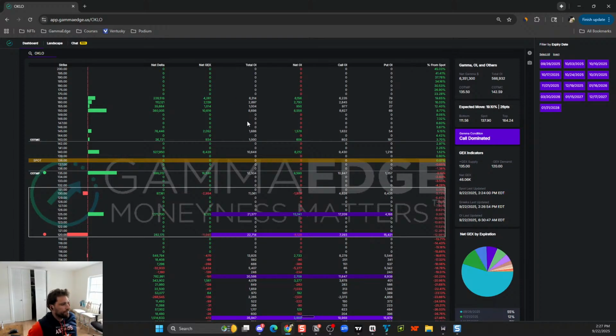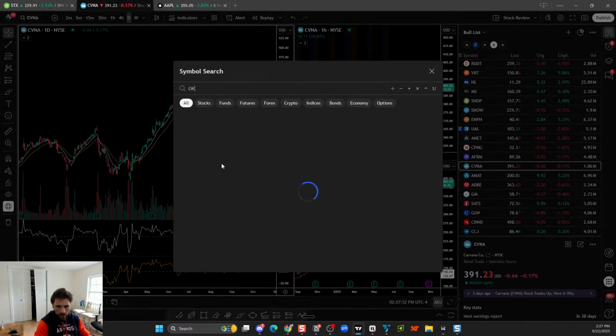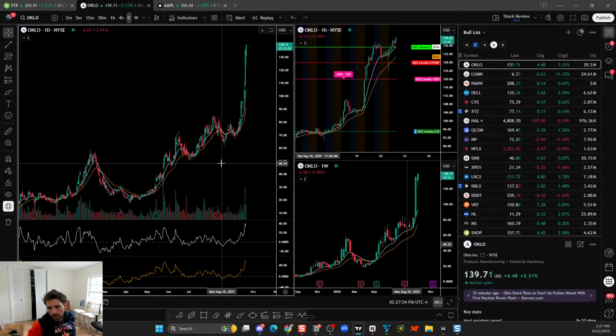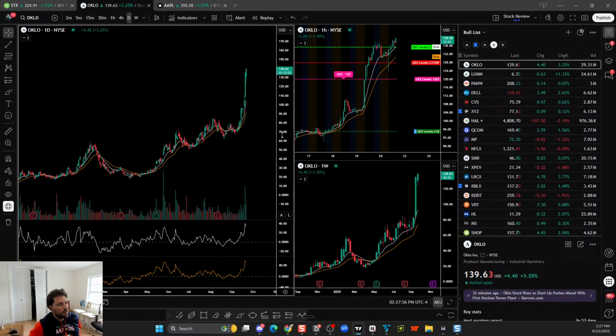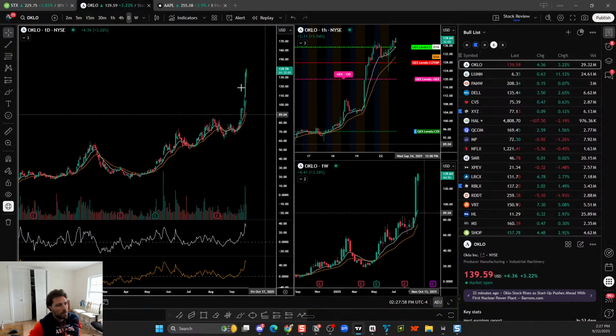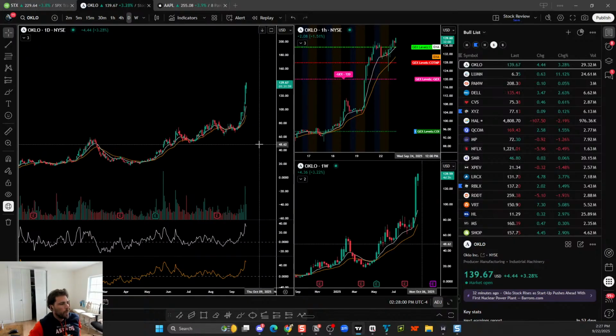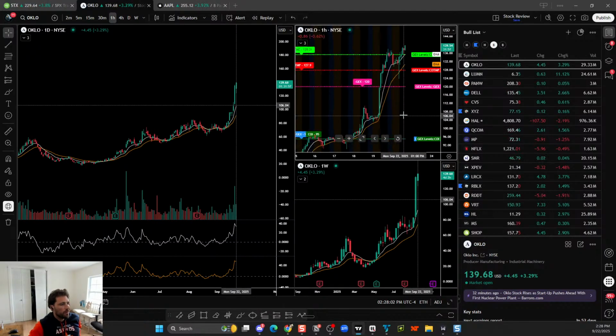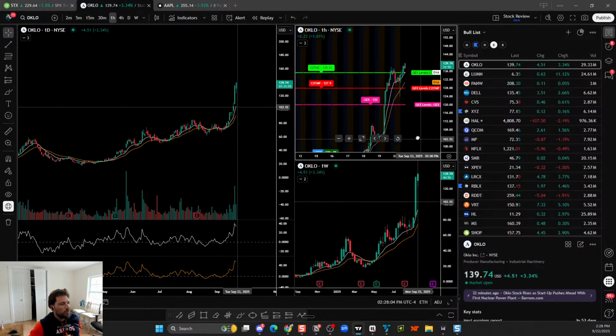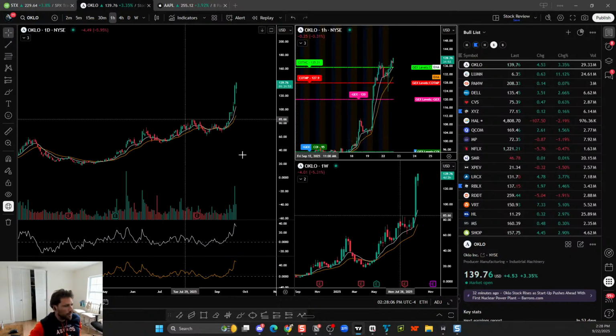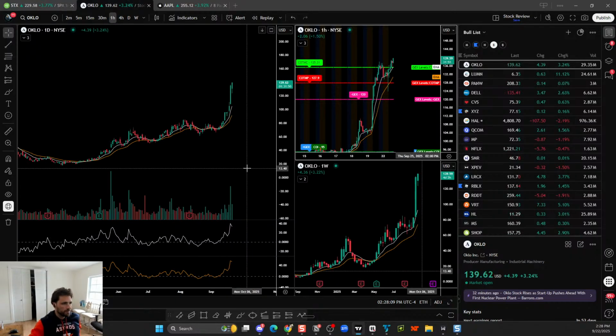Yeah, Okala looks kind of goofy because so many strikes have been opened up because this thing has just mooned. This thing's just been a nuclear reactor higher. Yeah, there's not a ton to do here.